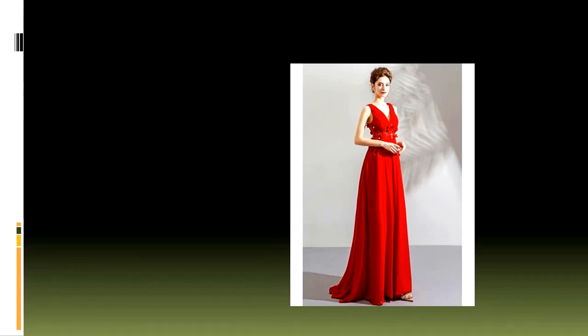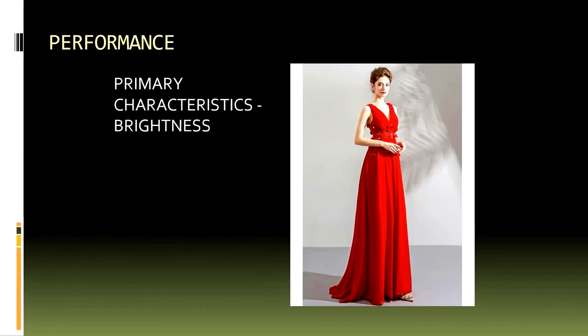To understand the description of the material, you have to go into the performance characteristics first. One area of quality is performance. Now in this picture, what do we call performance here? You can see that it is a garment, but the brightness is very important here.